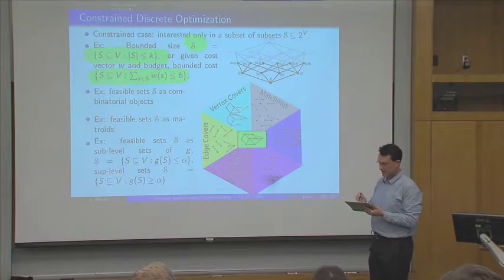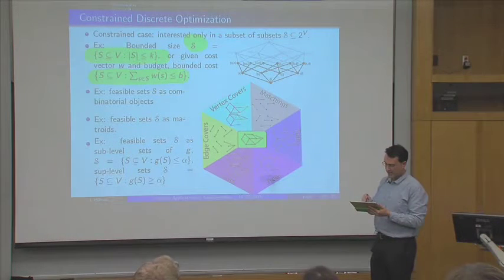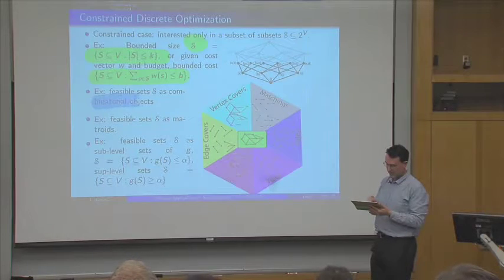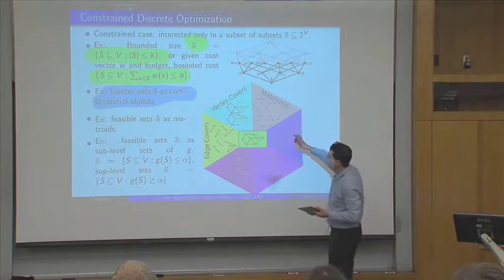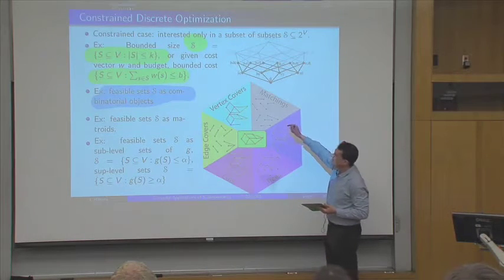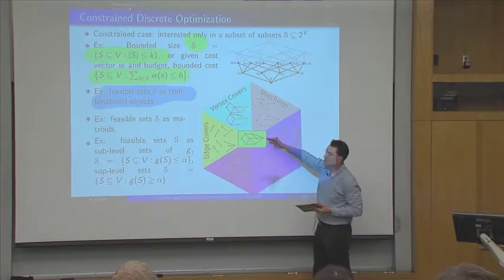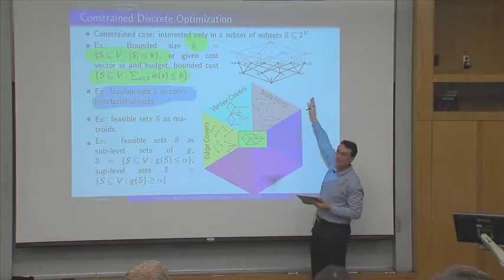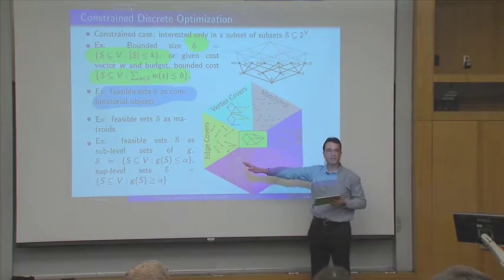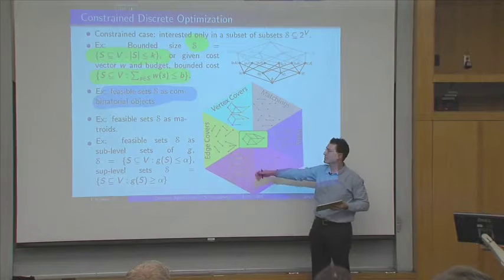Alternatively, maybe we care about feasible sets that are combinatorial objects. For example, the items that we're optimizing over correspond to edges of a graph. So V are the edges of some graph, which have nothing to do with the submodular function, they're just edges of a graph.